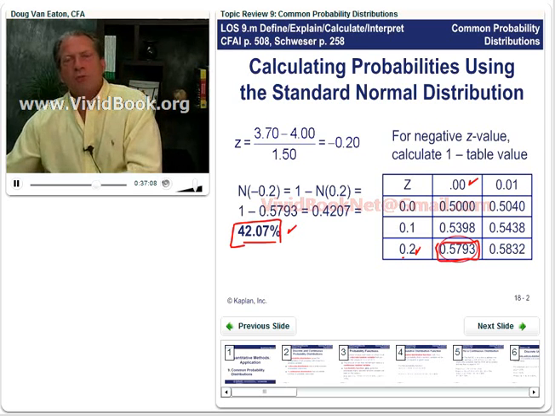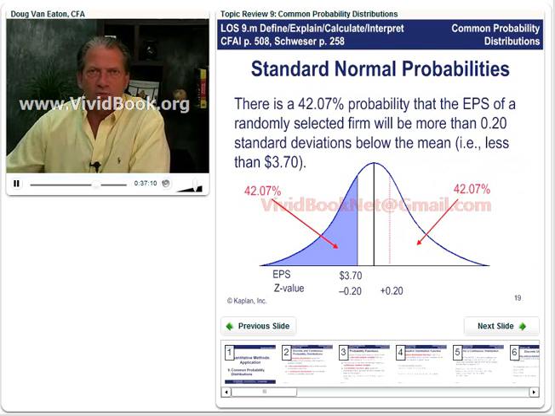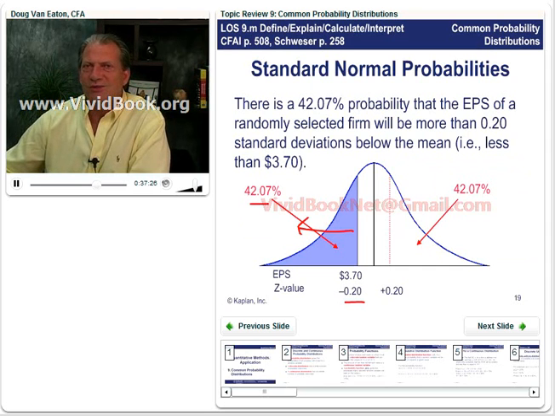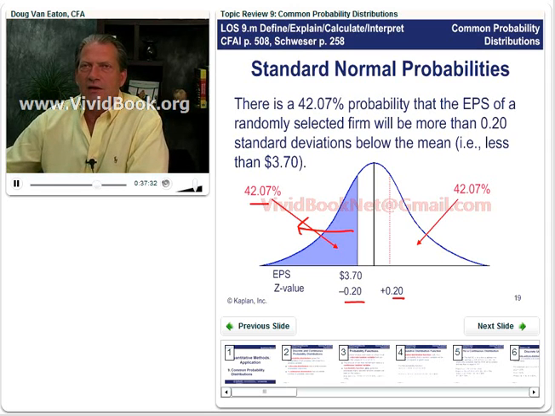So here's that picture I tried to draw before, except done better. If we had a negative z-table, we'd look up minus 0.2 and find out that's the probability of being less than or equal to that. Or we could look it up on a positive z-table and get that value we found, which was 57.93, and take 1 minus that.